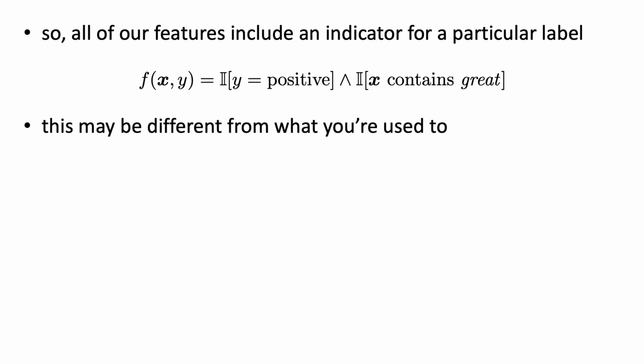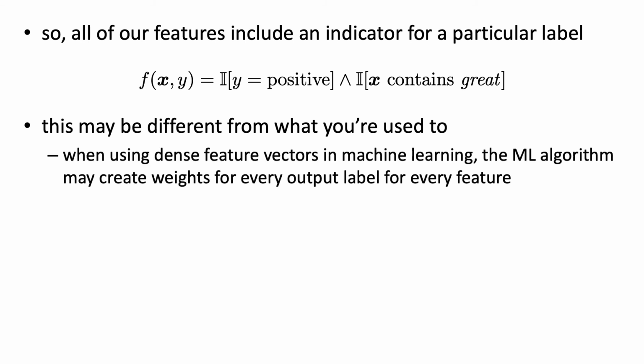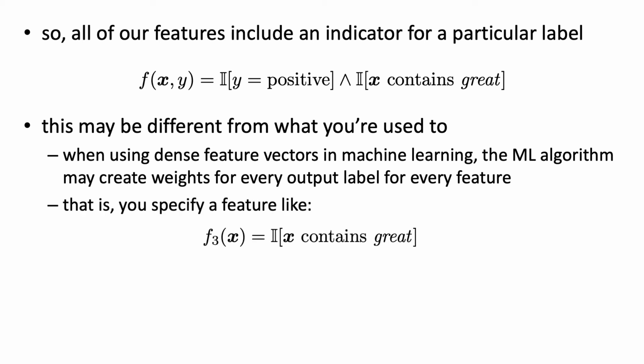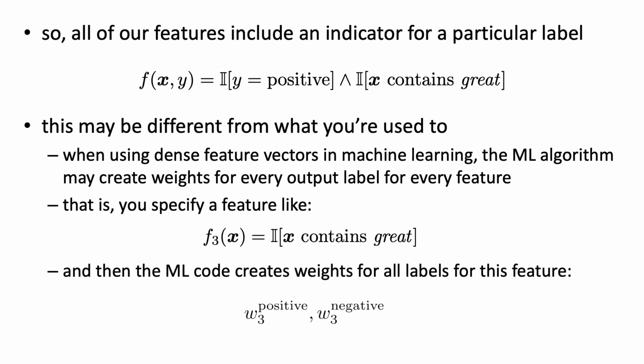Defining features in this way may be different from what you're used to in machine learning. When using dense feature vectors in machine learning, the algorithm may automatically create weights for pairing every possible label with every feature. That is, you define a feature based on the input only, and then the ML code may create separate weights for that feature for every possible label. In NLP, we usually don't do things that way because it would lead to too many features.